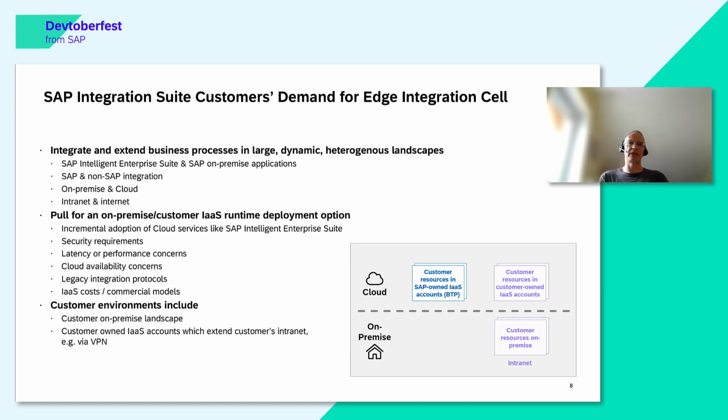They have heterogeneous landscapes, and they adopt cloud, of course, on the one side, but they typically choose an incremental adoption methodology, and want to grow in that respect, and so have more of a conservative approach, and still want to use their on-premise environments and their on-premise systems and integrate with cloud products and so on.